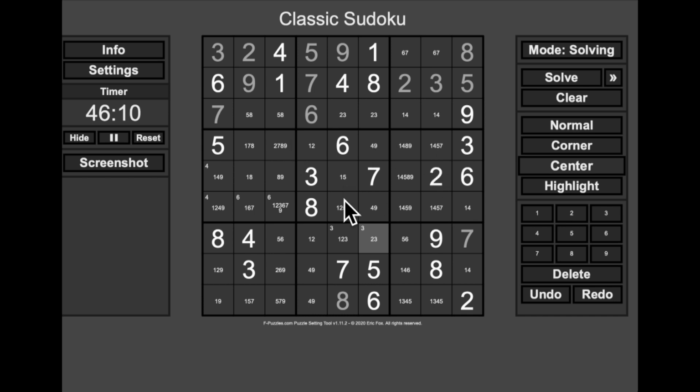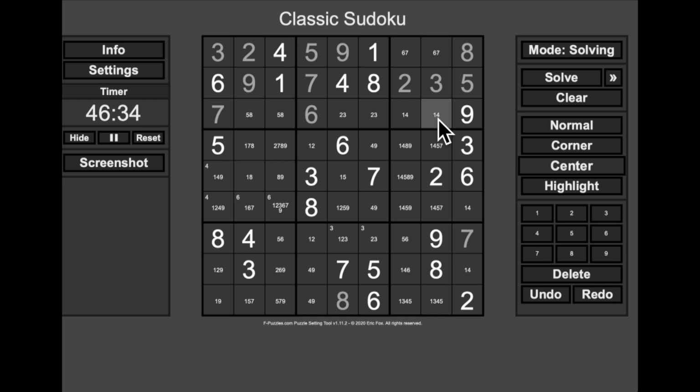Let's see, this is correct in box 3. Is box 6 right? I need 1, 4 here. This is definitely a 1 or a 4, so the thing is, I don't know.